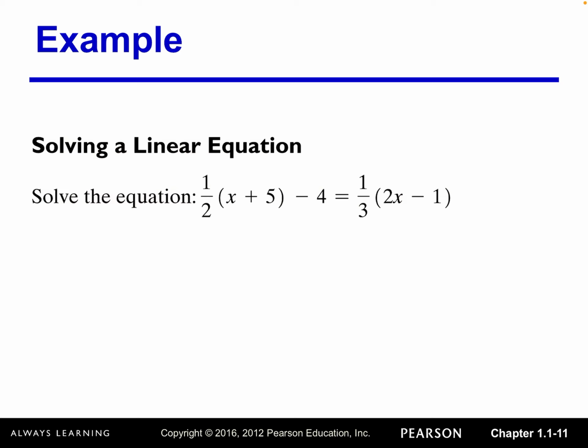So let's see an example solving this equation. Let's look at this equation first before we start to eliminate parentheses. We have a fraction as a coefficient, right? Normally, we do not want to deal with fractions.